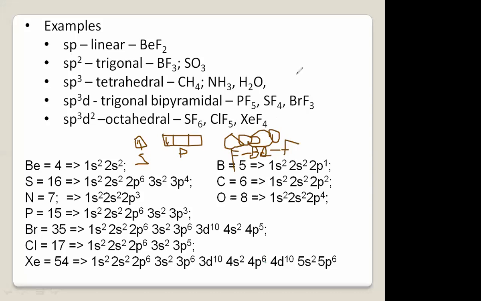The next one is when you have sp2. In sp2, like you have in the case of boron, you have s orbital and you have p orbital.